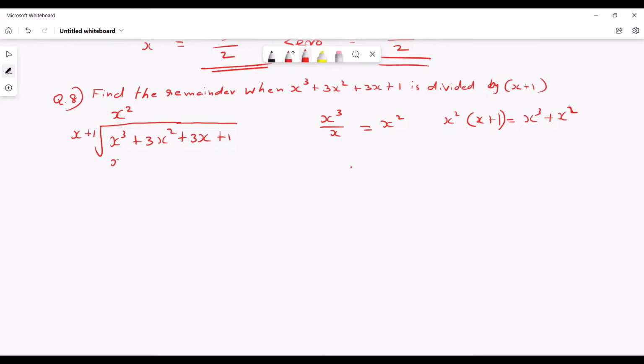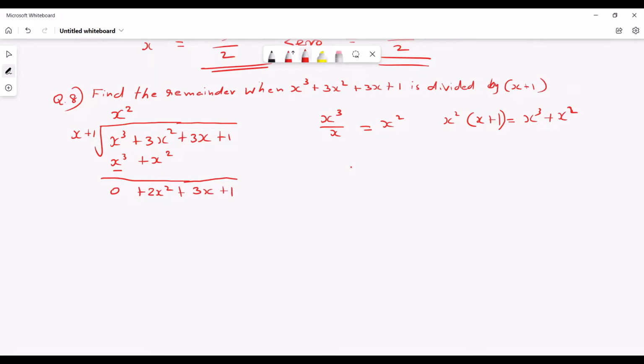So this is x cube plus x square. Then minus, x cube minus x cube means 0. And then 3x square minus x square, then we will get 2x square. Then whatever remains in the dividend, write it down. 3x plus 1 is there.